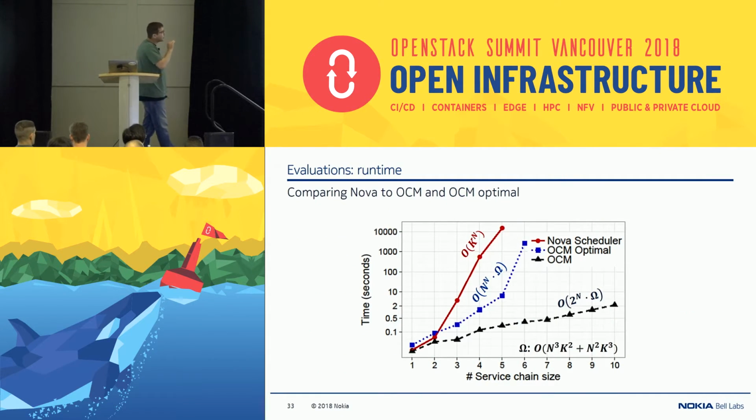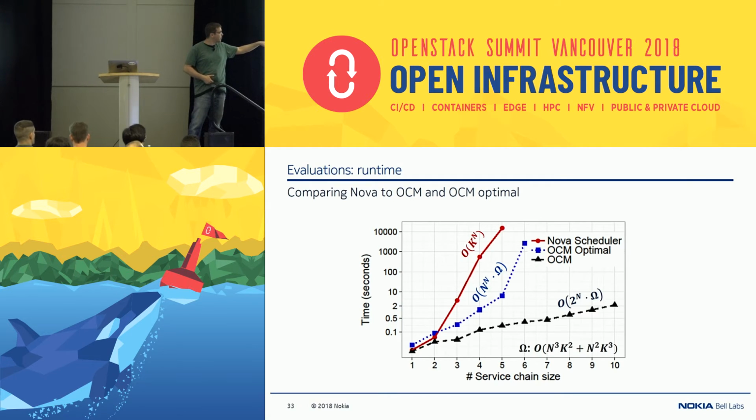So, some evaluation. Again, this is a simulated environment where we evaluated the case where we want to guarantee that a placement is rejected if and only if it is not possible to accommodate the service chain. As you can see, this is a log scale time axis.